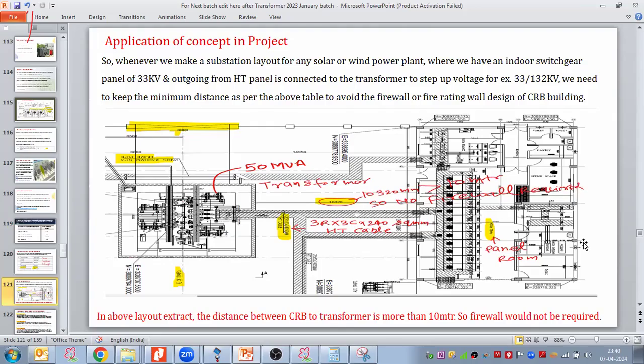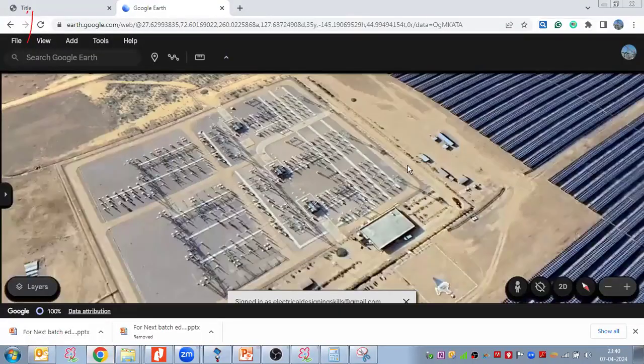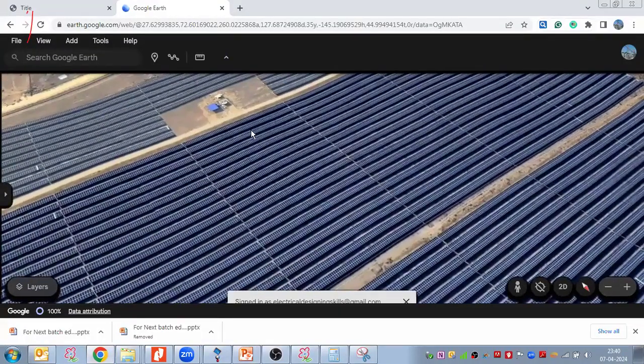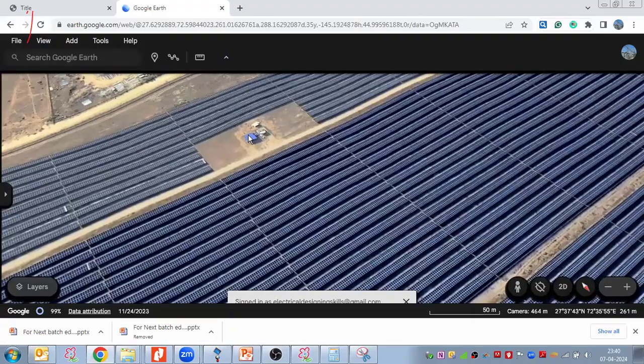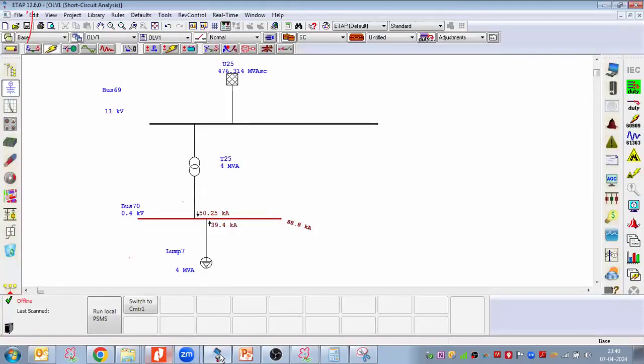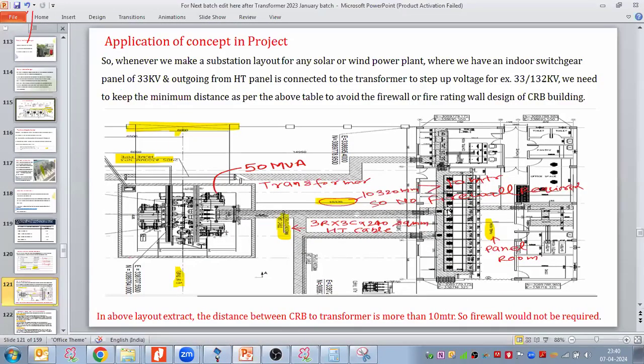So all the 33 kV cables coming from the ICR that we have here feed to a common bus bar, which is here, and then we have one single output connecting to the power transformer, which steps up 33 kV into 132 kV or 220 kV. Here, you can see I have indicated the cable and the cable trench.